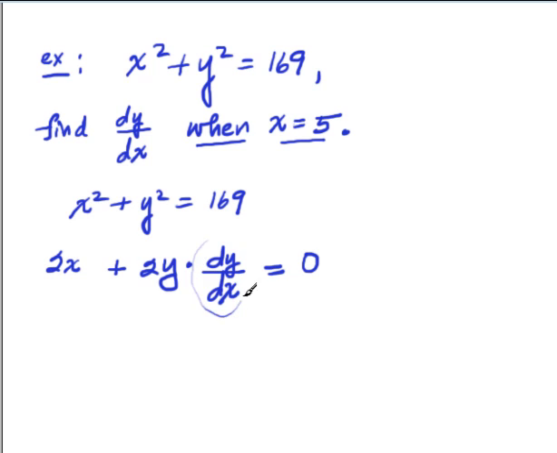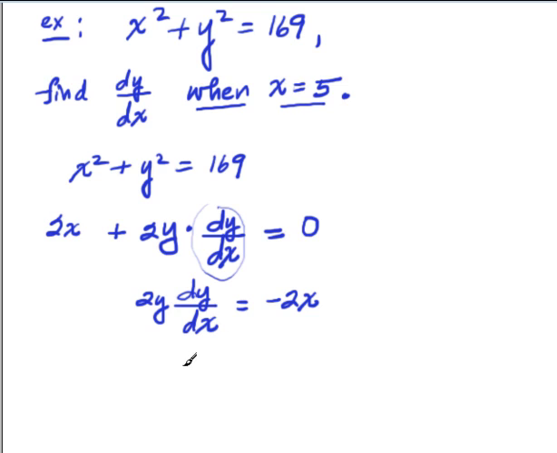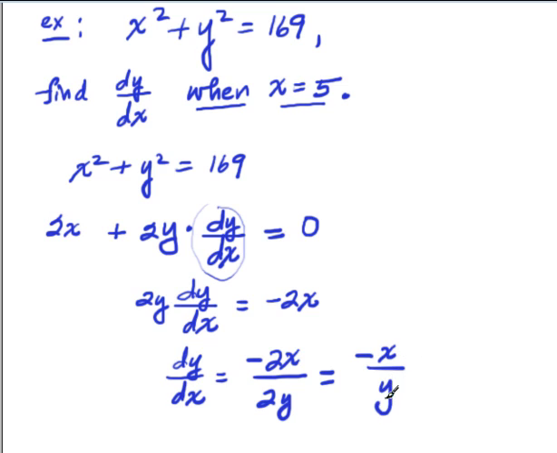Now I want to solve for dy dx. I'm going to subtract 2x from both sides, and now divide both sides by 2y. So we have minus 2x over 2y. Simplify that, that's minus x over y. So that's dy dx.